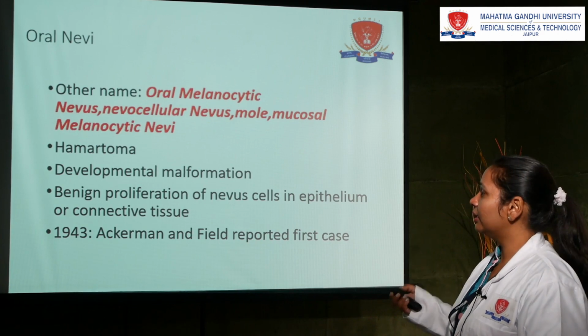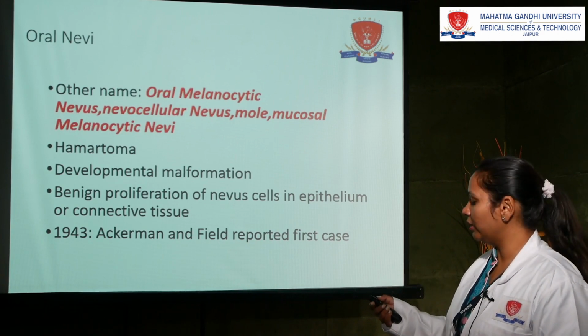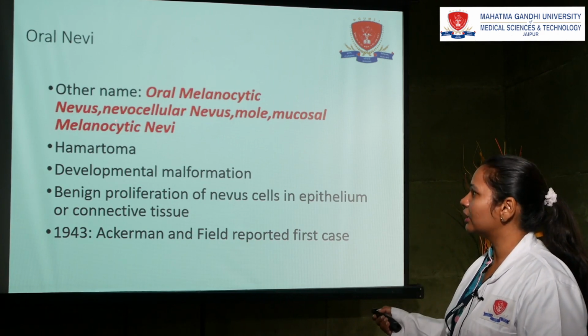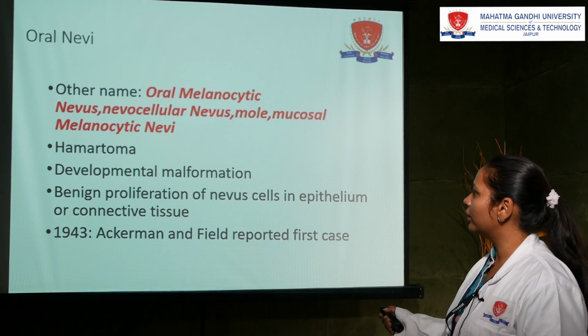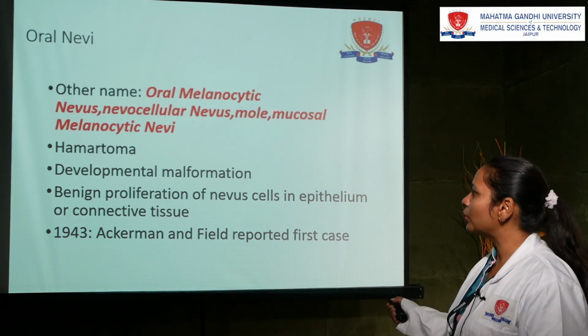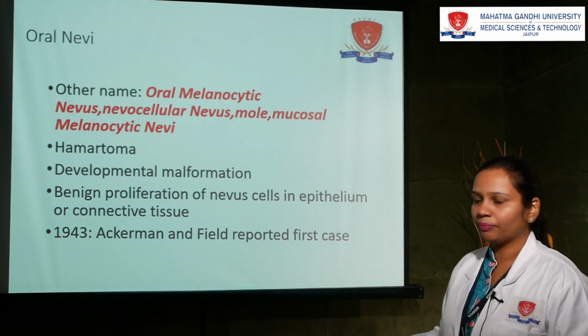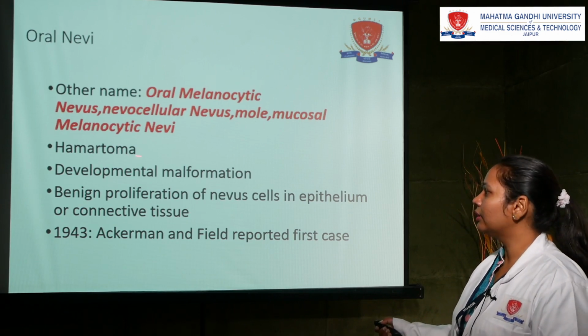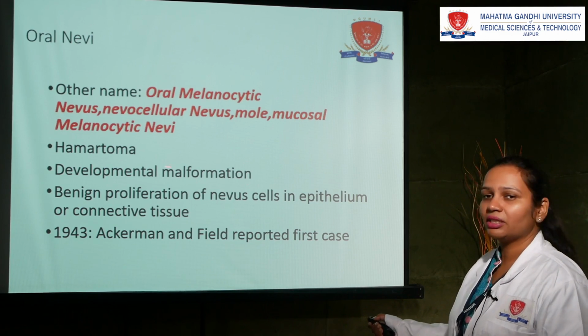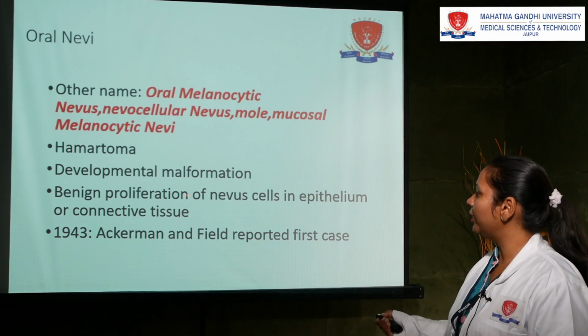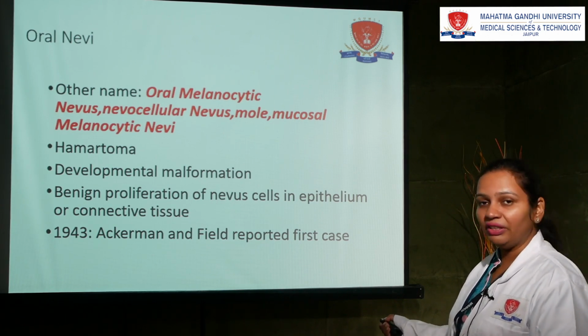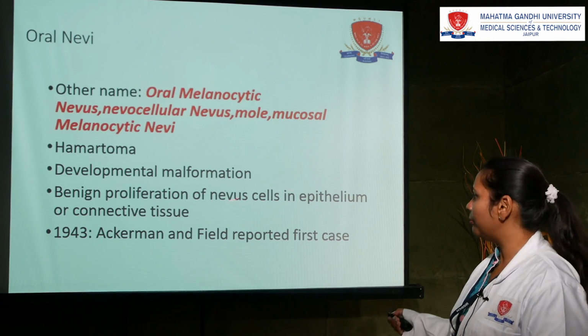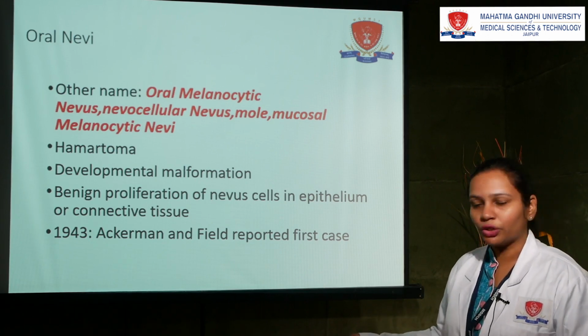Other names for oral nevi are oral melanocytic nevus, nevocellular nevus, mole, and mucosal melanocytic nevi. It's a type of hamartoma and is due to developmental malformation, a benign proliferation of nevus cells in epithelium or connective tissue.